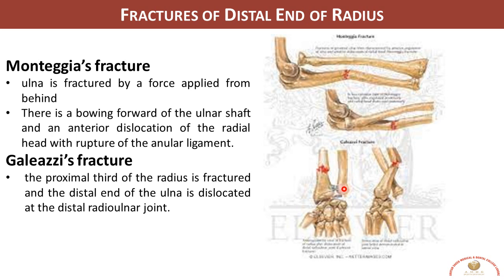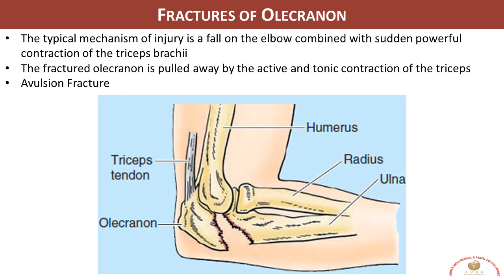At the distal radio-ulnar joint, the distal end of ulna is dislocated and the radius is fractured. So these two fractures are opposite of each other. The treatment is the same: you have to align the bones and apply the cast, or in some cases open reduction internal fixation can also be done. This was about the fractures of radius and ulna.